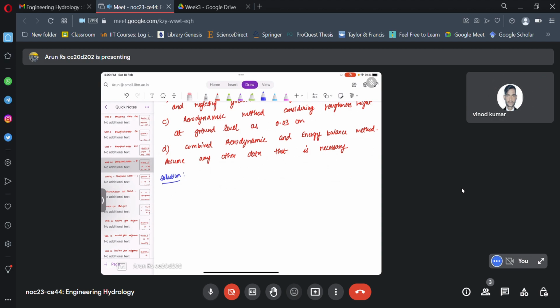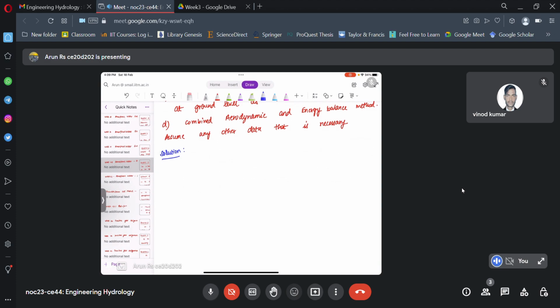Now I am writing the basic energy balance equation. Your evaporation rate from the energy balance equation is given as net radiation minus sensible heat flux minus the ground heat flux, divided by latent heat of vaporization into density of water.